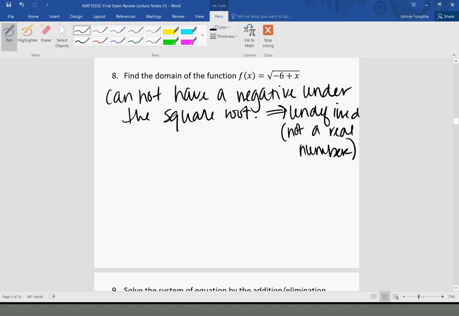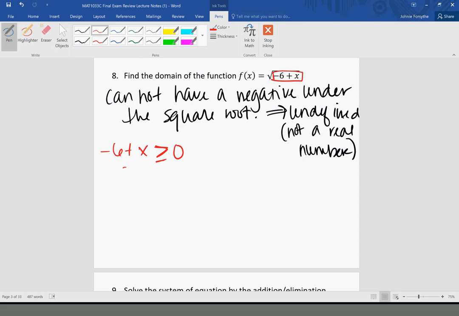So that means in order to figure out the domain, we want to take what's underneath that radical and set it greater than or equal to 0. Because that can happen. What I have boxed in red can definitely be 0, and it can definitely be greater than 0, which will make it not negative and make it positive.